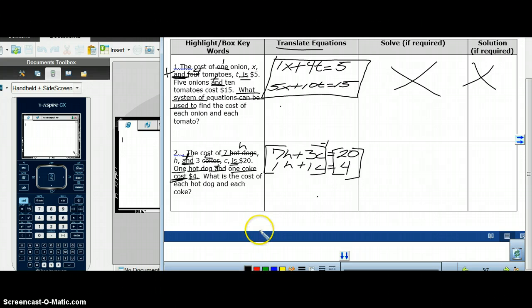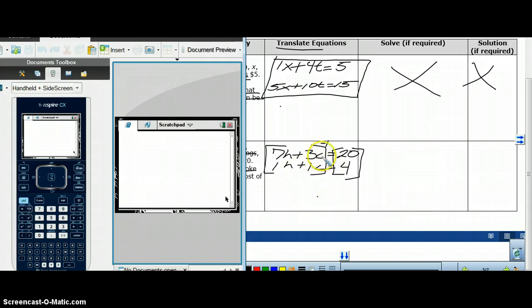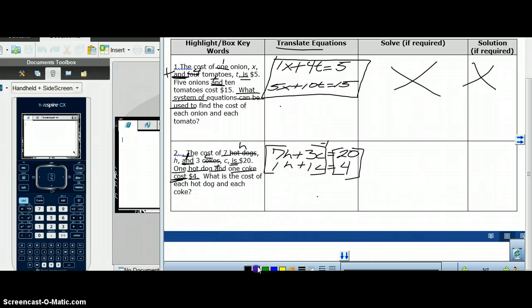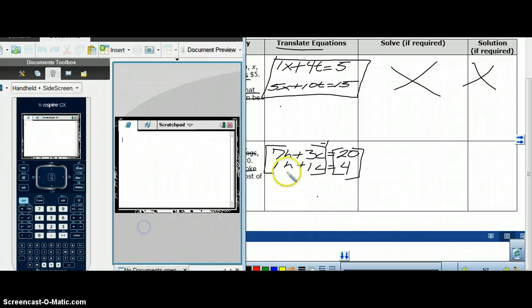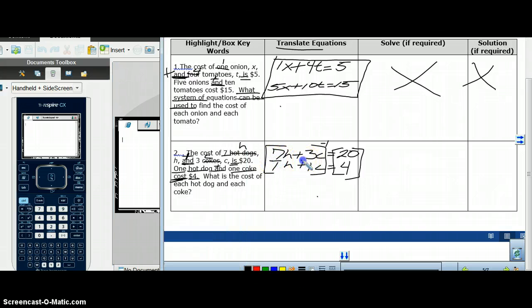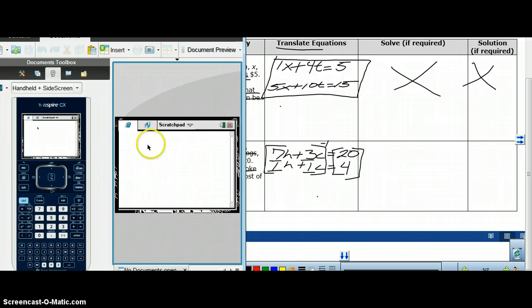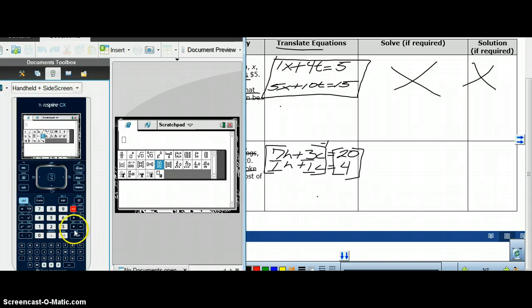All right, so the whole matrices thing. Use matrices to solve systems by taking the coefficients, which are the 7, the 3, the 1, and the 1, and putting it into your calculator. So remember, your matrices button or matrix button in your calculator is right there above the multiply sign, and it's the one that has the brackets with the 4 spots in there.